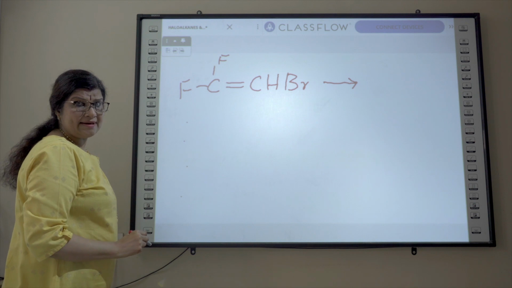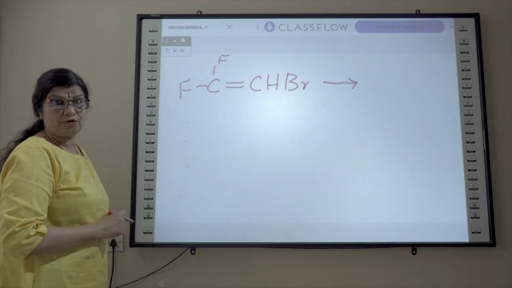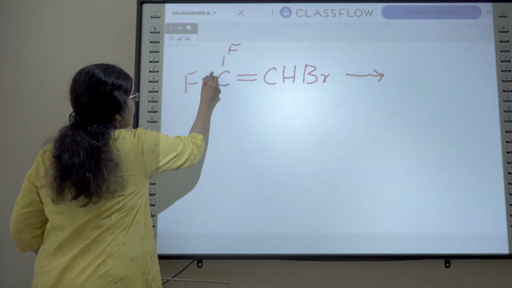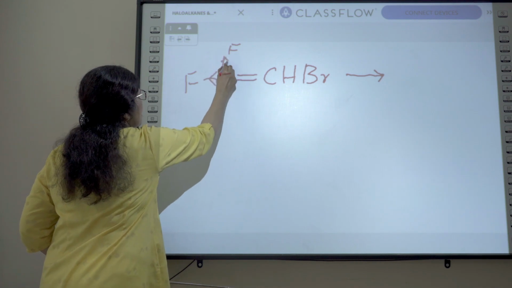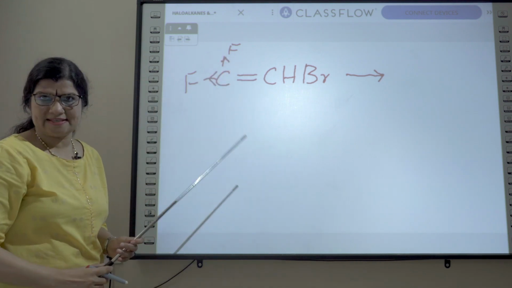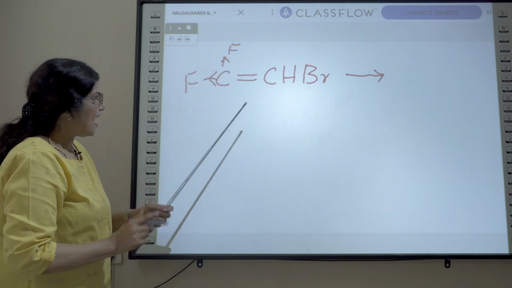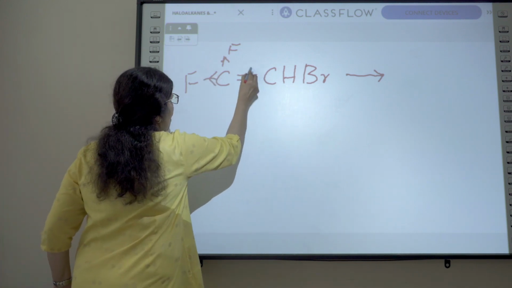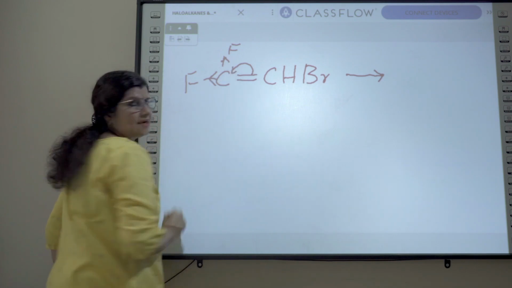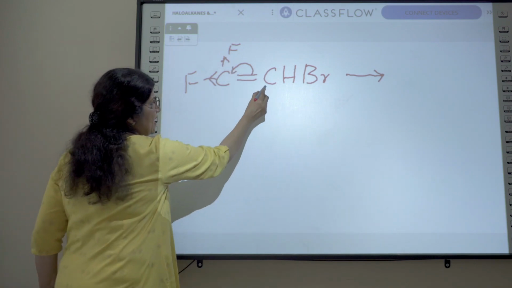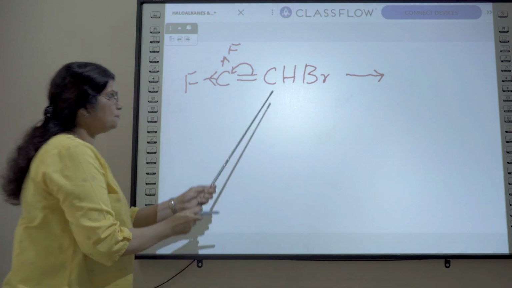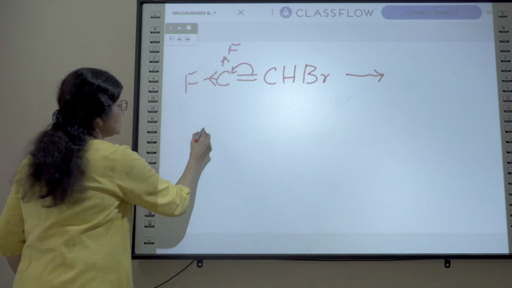Let's analyze the formation of the carbanion first. The two fluorine atoms, being electron withdrawing, will pull electrons towards themselves, making this carbon atom highly electron deficient, as a result of which the pi bond will shift towards this carbon atom, making this carbon atom acquire a partial positive charge.